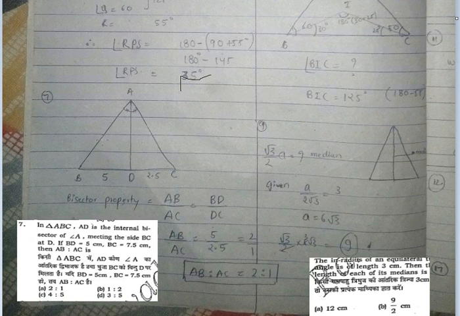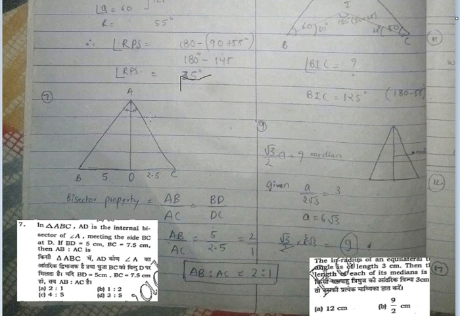Here he has given us ABC is a triangle where AD is the internal bisector of angle A. So these both angles are equal, meeting the side BC at D. Okay, this is D. So if BD is equal to 5 and BC is equal to 7.5, so this is 5 and the whole is 7.5, so this is 5 and this is 2.5. So we have to find out AB is to AC.